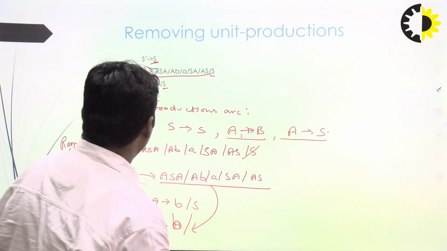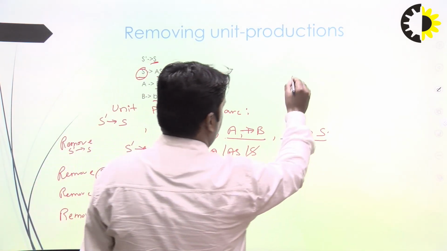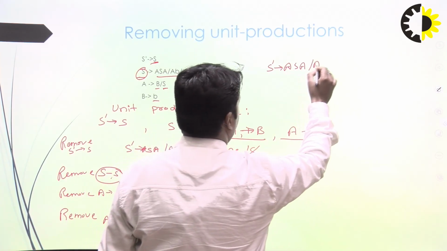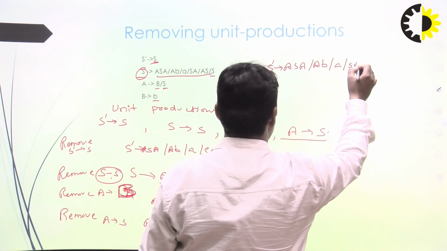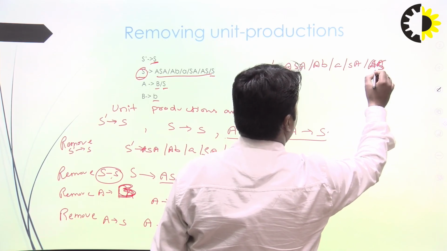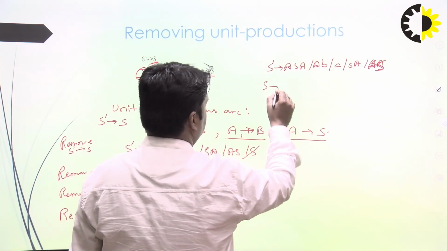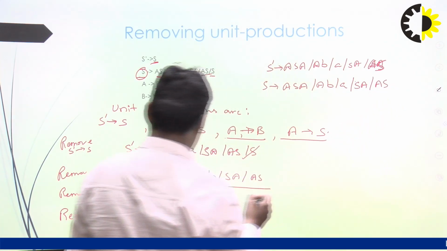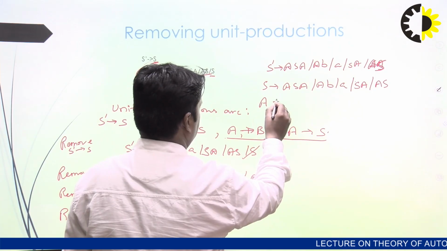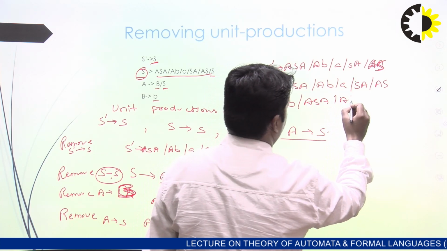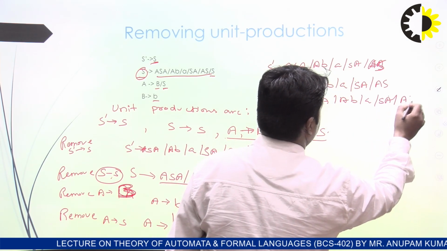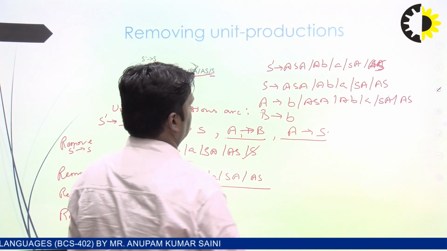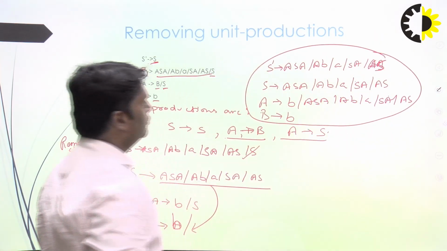Then the new production we have will be S' implies ASA slash AB slash A slash SA slash AS, and S implies ASA, AB, A, SA, AS, and A implies B slash ASA slash AB slash A slash SA slash AS, and B implies B. This will be the production when we remove unit production.